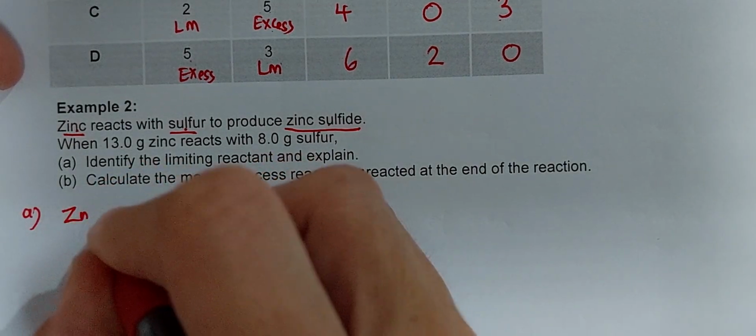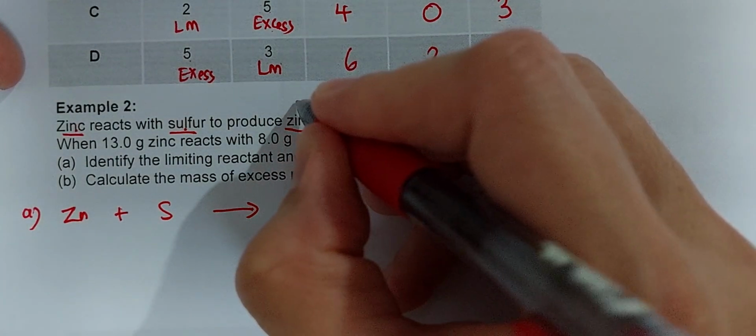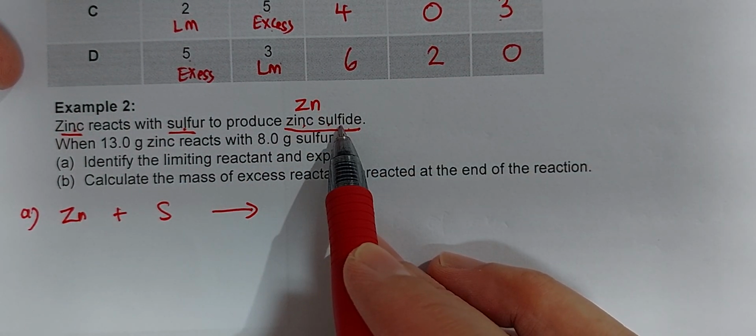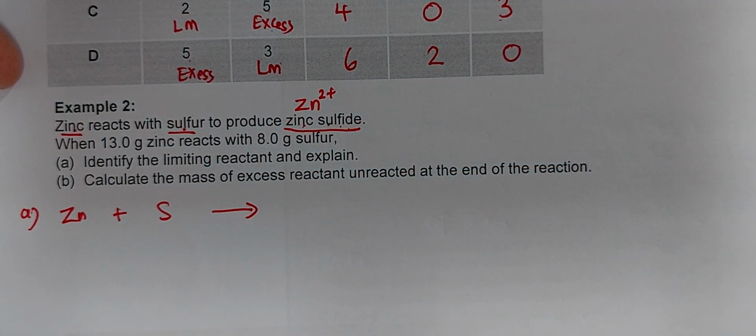So zinc, sulfur, zinc sulfide. Zinc is a metal, sulfide is from sulfur, a non-metal in group 16, so they form an ionic compound. The zinc ion is Zn2+.